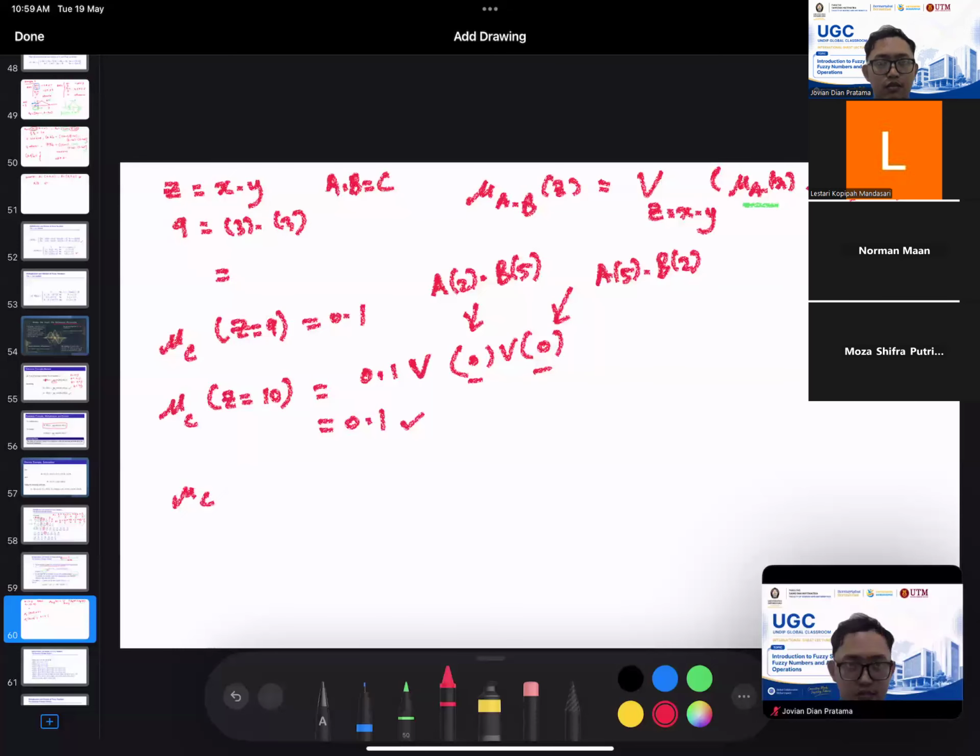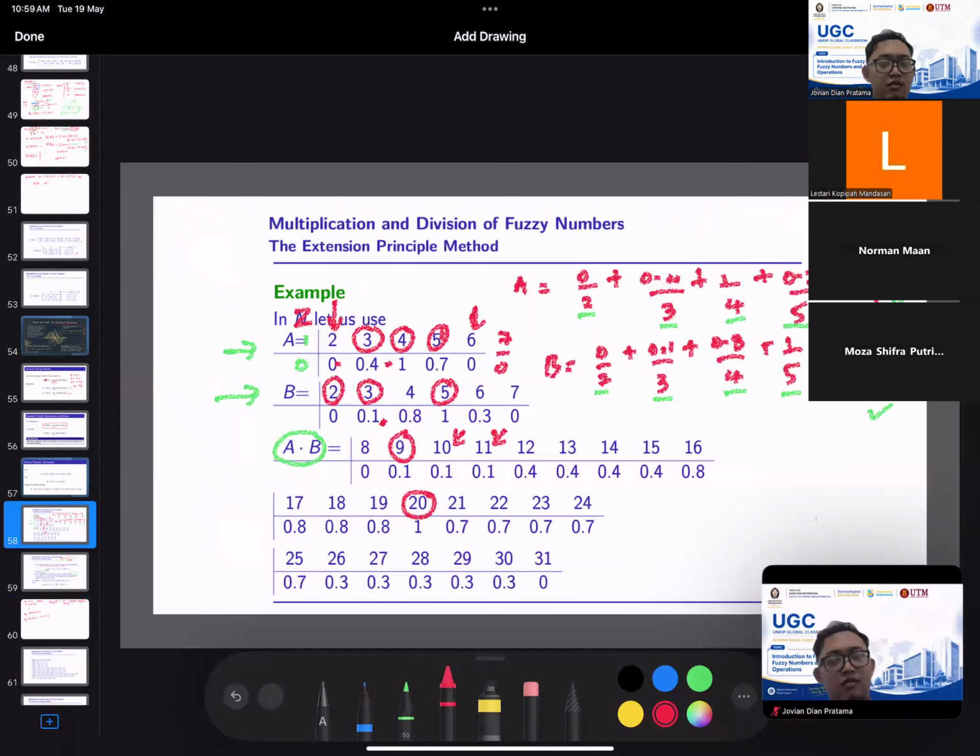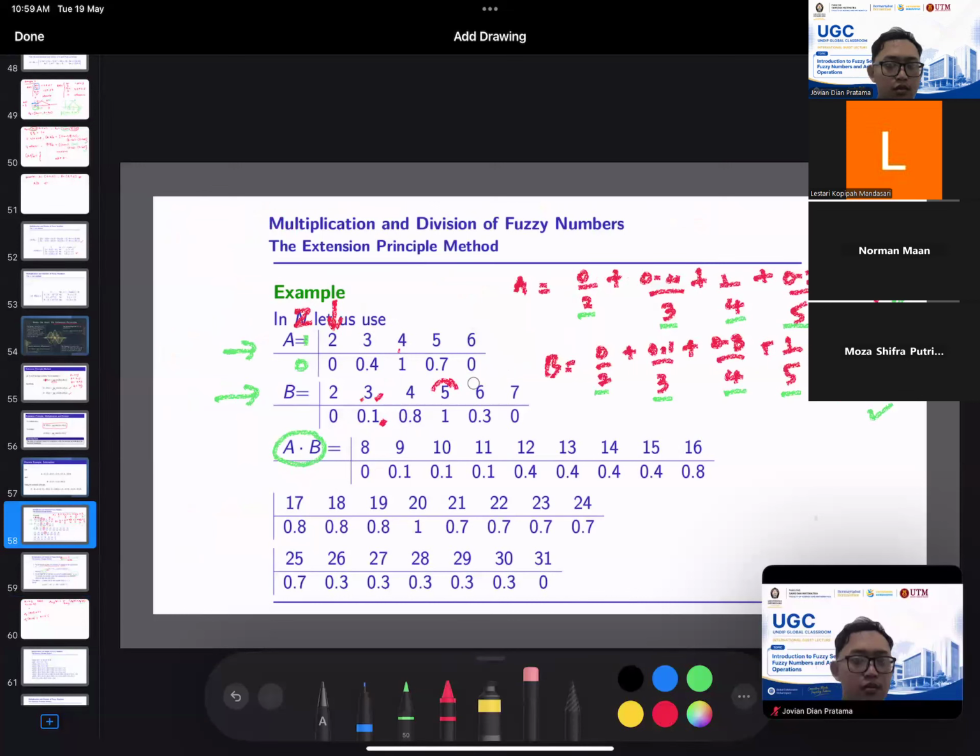So now mu C at Z equals 12. Okay. So again, you will get 0.1. Then we try to see what the combination is to produce it. So now remember we try to get Z equals 12.